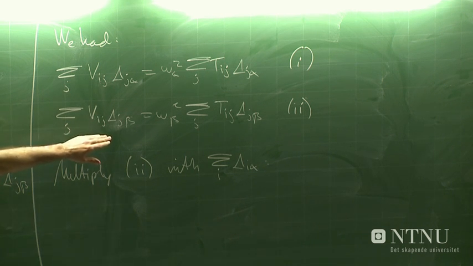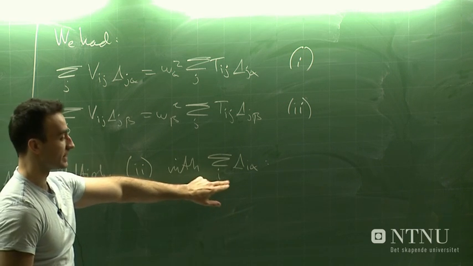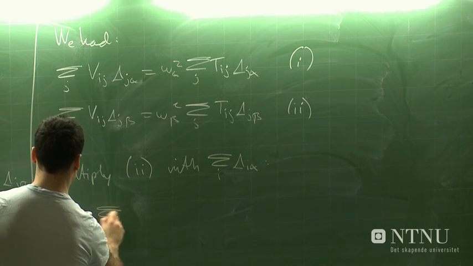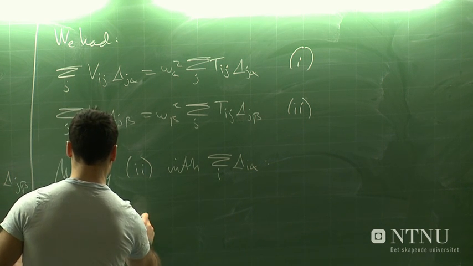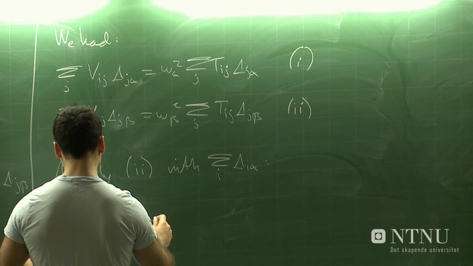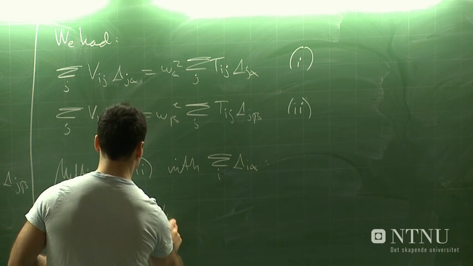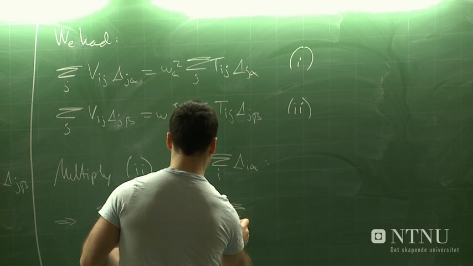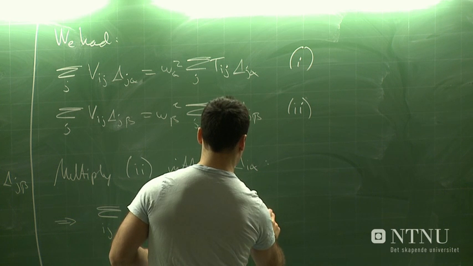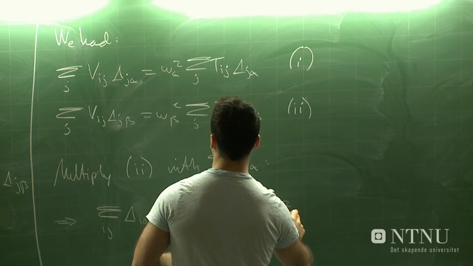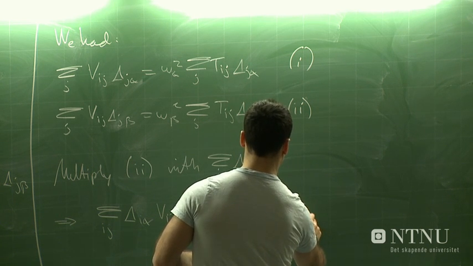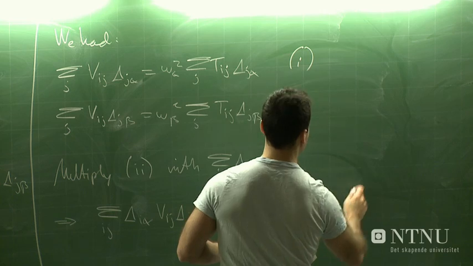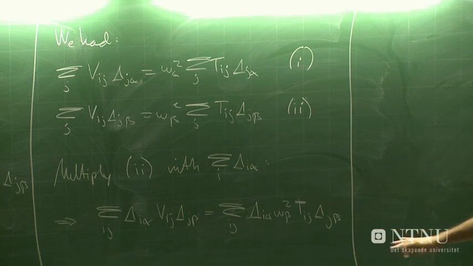To see this, multiply first this equation with a sum over delta i alpha. So we obtain the following.